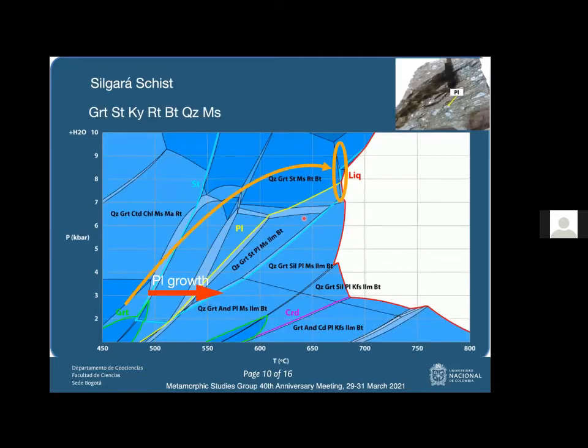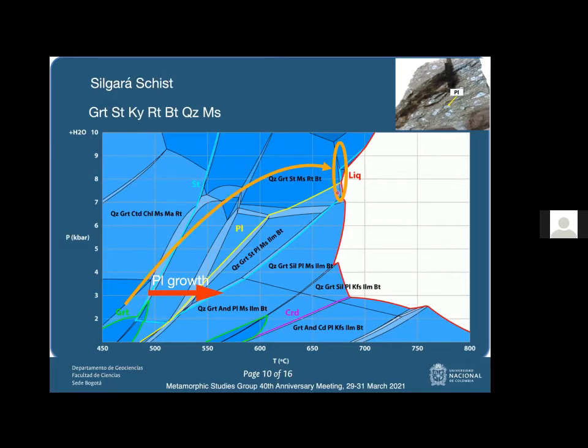For the Silgará Schist, we have also some modeling. This is the plagioclase kyanite staurolite schist. The assemblage field is probably located here in this narrow temperature range in the subsolidus region of the phase diagram. Note here that the association of kyanite staurolite constrains very well the pressure stabilization for this rock.